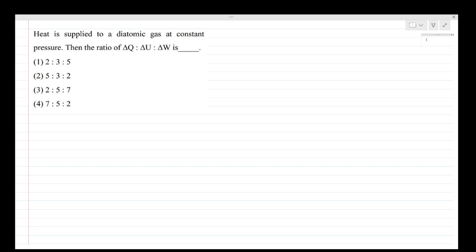work done. Since those are the thermodynamic variables, we can write some expressions.